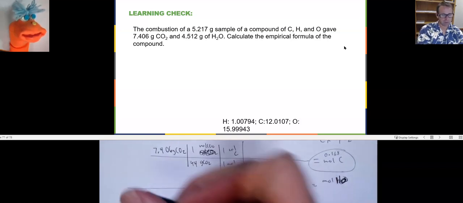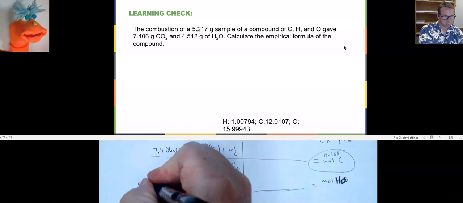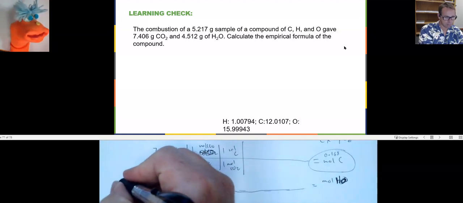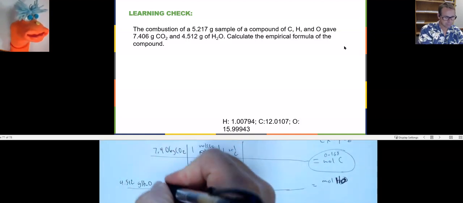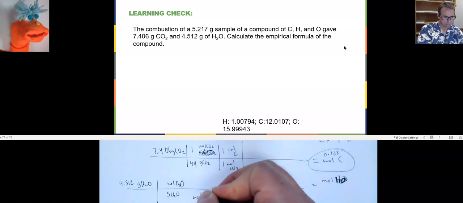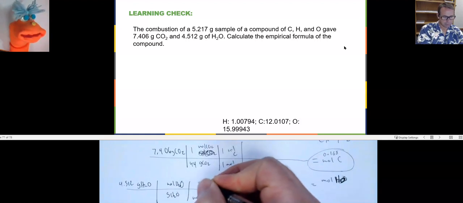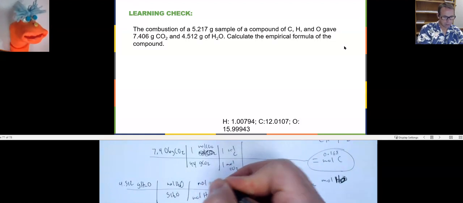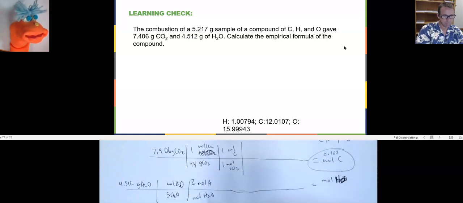So if I start off with my grams of water, 4.512, and I go from grams of water to moles of water, and then I can go from moles of water to moles of hydrogen. Yeah, it's just 2. That's right. There's 2 moles of hydrogen for every 1 mole of water.